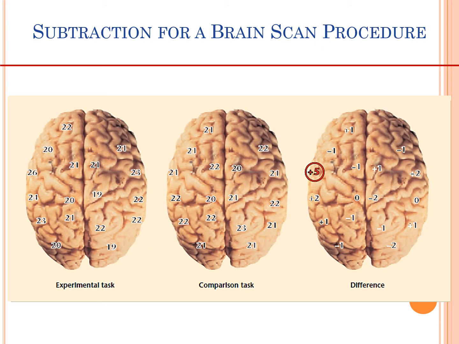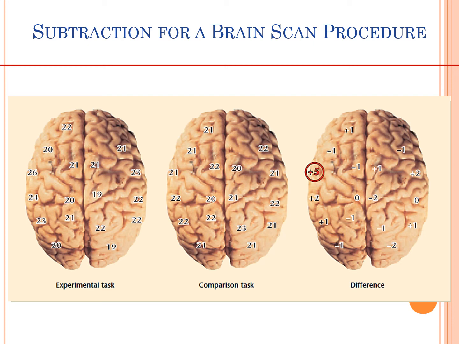Your author addresses the subtraction logic here, I think, after both PET and fMRI, and I'm going to use his pictures as well. We've gone over this for PET: we have an experimental task, but the brain is always active.